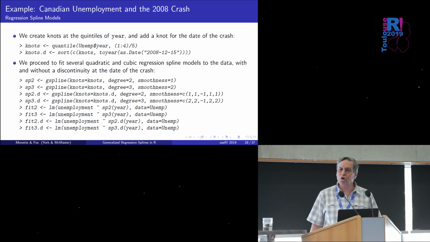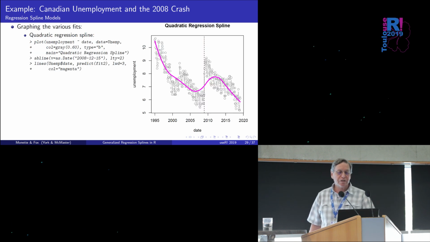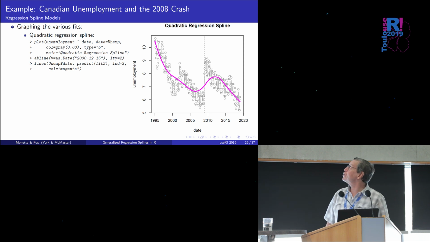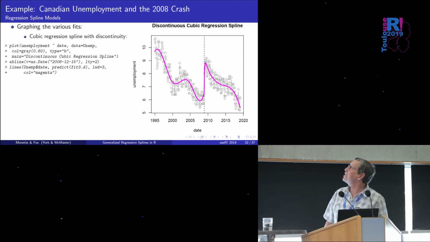You can see that we call gspline to create a spline generating function, and then incorporate that on the right-hand side of the linear model formulas. So here's a quadratic regression spline, a cubic regression spline, a discontinuous quadratic, a discontinuous cubic.